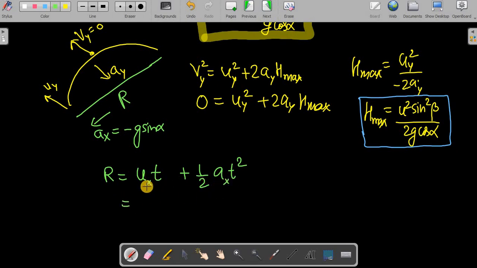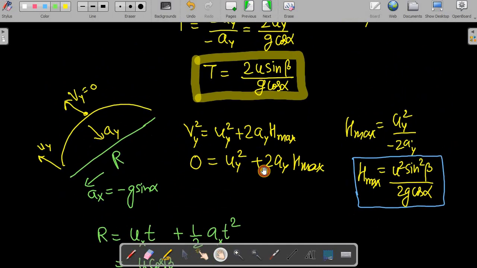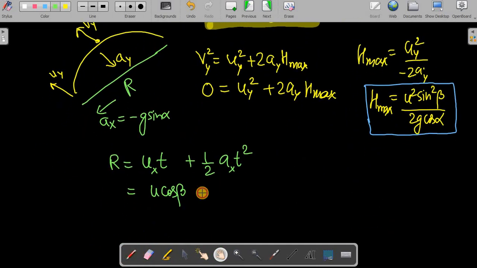Now substitute: ux along the x-axis is u cos beta, and this time t which we have calculated, we can substitute as 2u sin beta by g cos alpha.